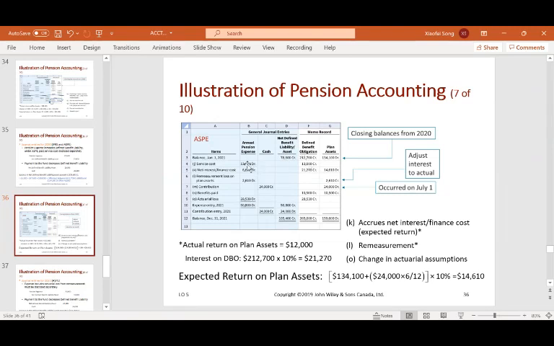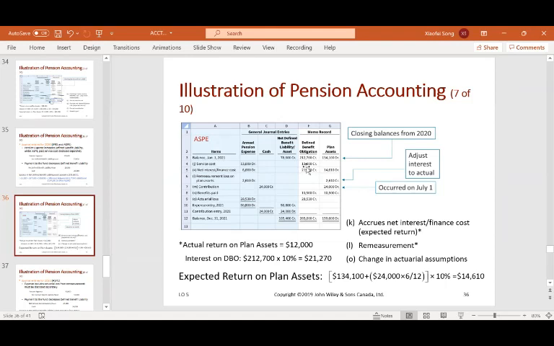The service cost is debit to expense and credit to DBO. The DBO has 10% of opening balance accrued as interest, 21,270. But this is the year we assume the contribution was made in the middle of the year.